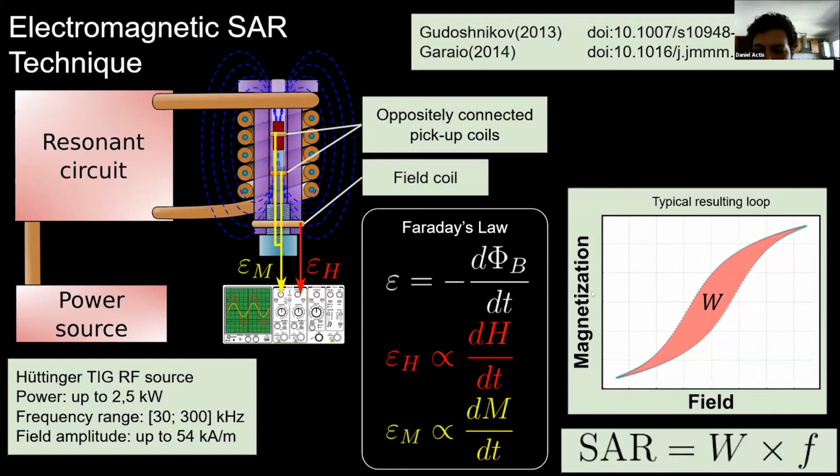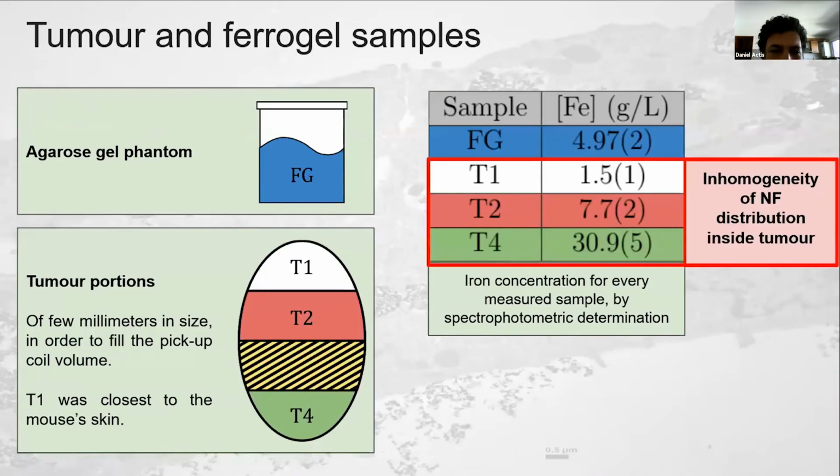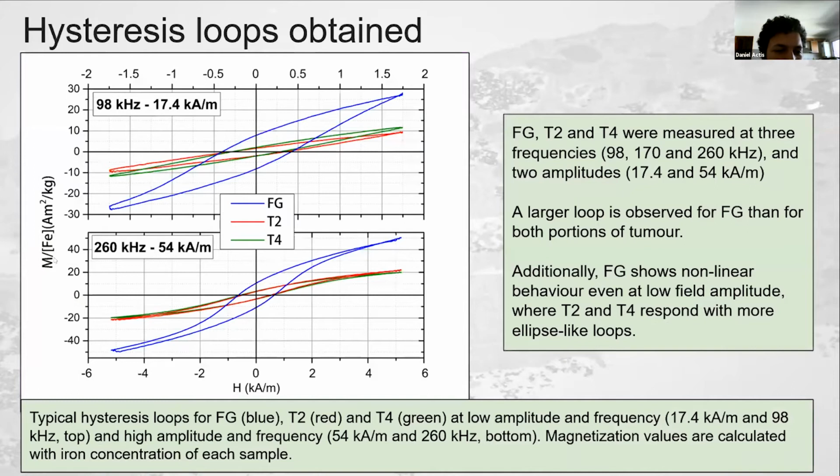Here in the magnetization, we have to take into account the concentration of the nanoparticles. Yes, the SAR should be specific of concentration if there aren't additional interactions between the particles which affect the effective magnetic moment, for example, of the nanoparticles.